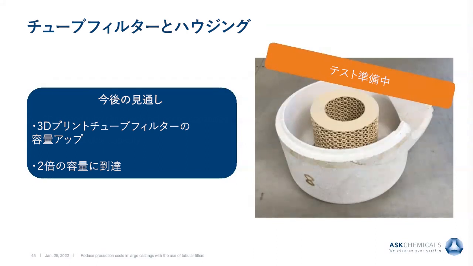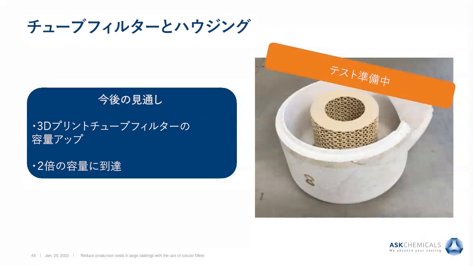Not to forget, let me come to this picture, which is probably also very interesting. It is a short look into the future of tube filters. Currently we run some trials with 3D printed tube filters. You see here one placed in a housing for iron and steel applications.